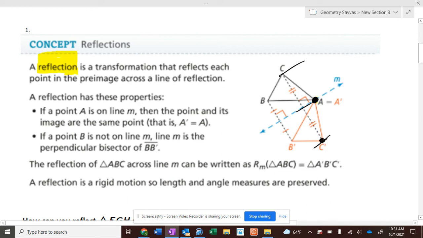Also, you have to go perpendicular to the line of reflection. So perpendicular across the line of reflection. You can't just go haphazard any way. You got to go perpendicular. So B, we go perpendicular across the line of reflection.